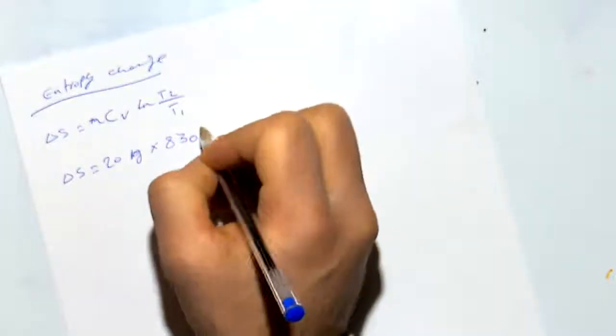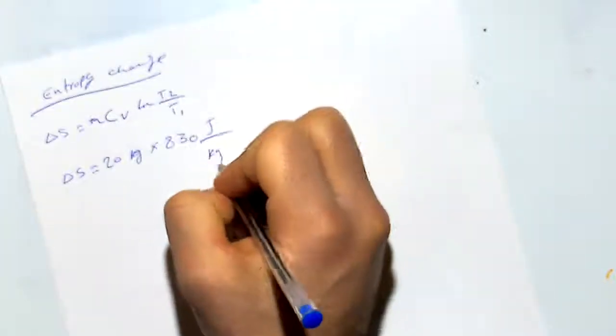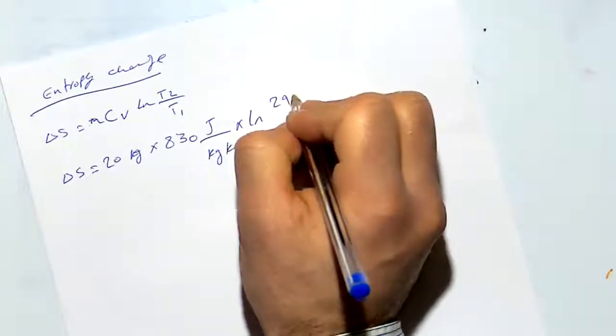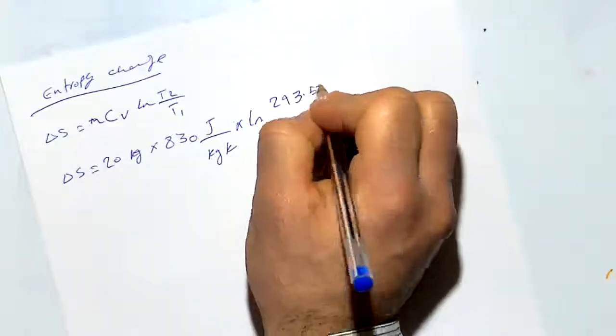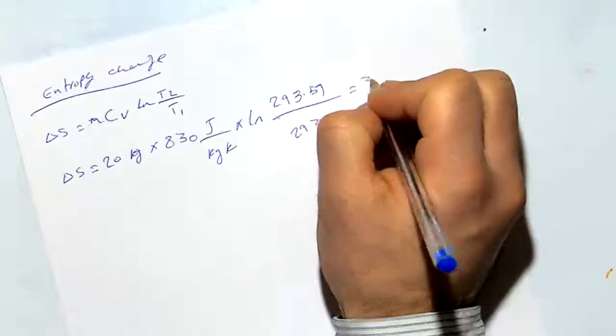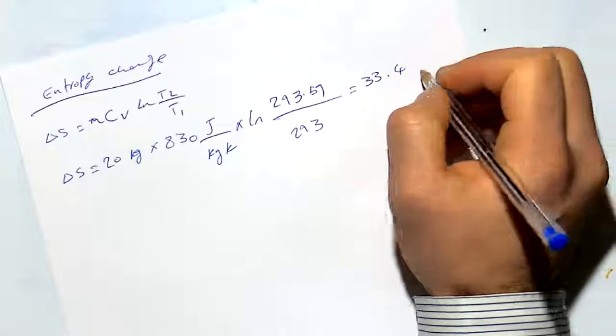Delta S equals 20 kilograms times 830 joules per kilogram per Kelvin times log of 293.59 over 293, which equals 33.4 joules per Kelvin.